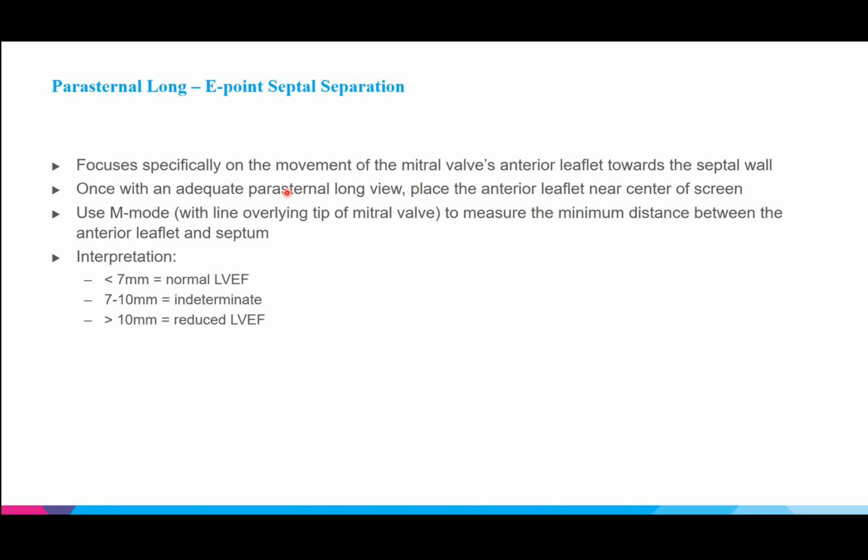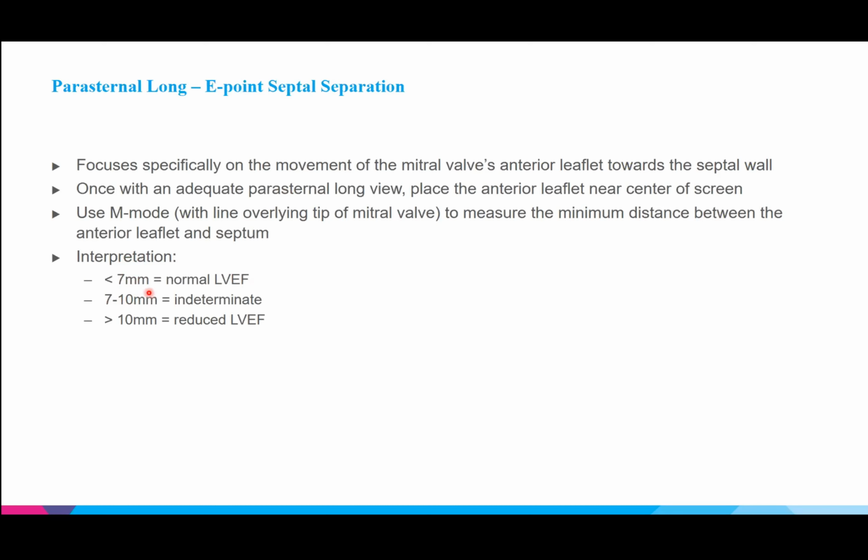It measures the minimum distance between the anterior leaflet tip and the interventricular septum, and based on that distance you can infer whether you might have normal LV function. Typically, it's normal if there is less than 7 millimeters between the anterior leaflet and the septal wall.